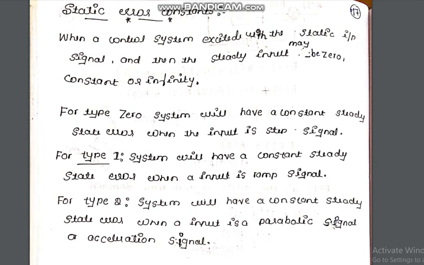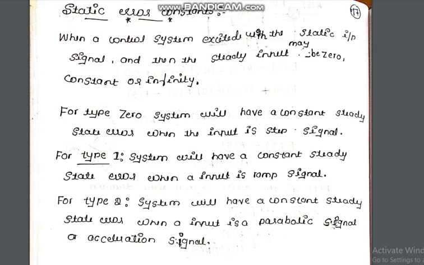For a type 0 system, we will have a constant steady state error when the input is a step signal.